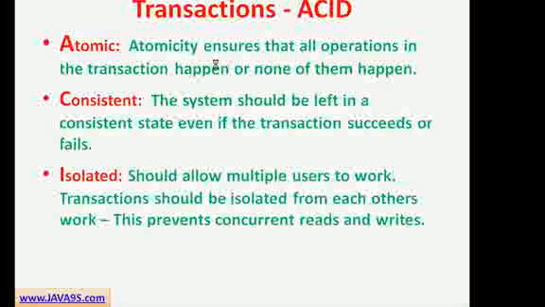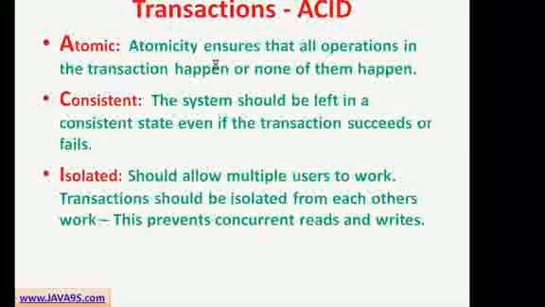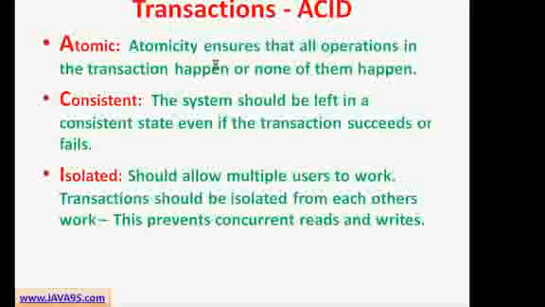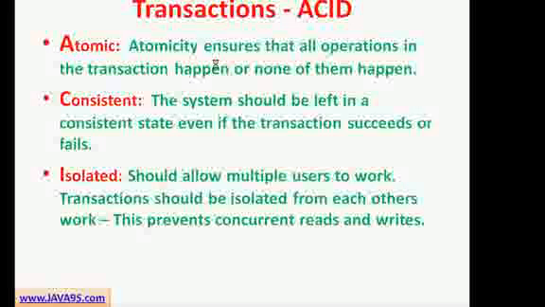Next, the transaction also takes care of isolation. That means when there are multiple users trying to access the same database, table or rows, the isolation should allow multiple users to work together, but still the data read and write will be taken care of, so that multiple users don't distort the data while working.